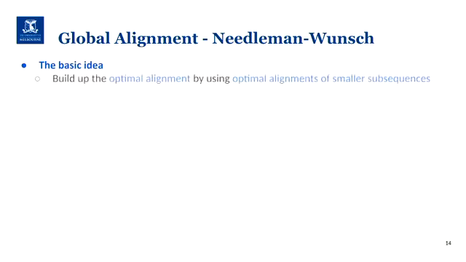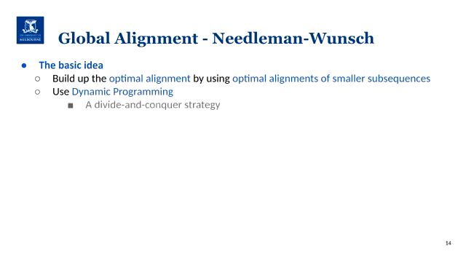The basic idea of Needleman-Wunsch is to build up optimal alignments using optimal alignments that I know for smaller subsequences. And this uses dynamic programming. Dynamic programming is a divide and conquer strategy and is adequate for problems with optimal substructure. This says that if I have a given sequence and I know the optimal alignment of this region, this will be part of the global alignment as well.